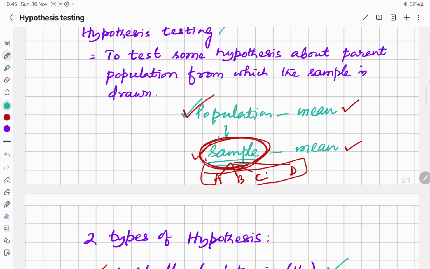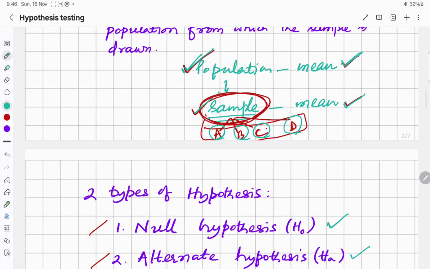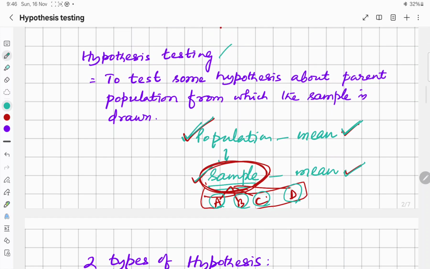So in case of hypothesis testing, we assume that the samples represent the whole population, the sample mean is same as that of the population mean, and when we say multiple samples, so say group A, group B, group C, group D, and all these groups mean are same as that of the population mean, that is null hypothesis. All these group means are different and they are also different from the population mean. When we assume that, that is alternate hypothesis.